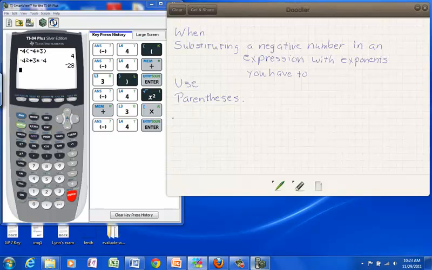So most people just shorten that to, when substituting, use parentheses.